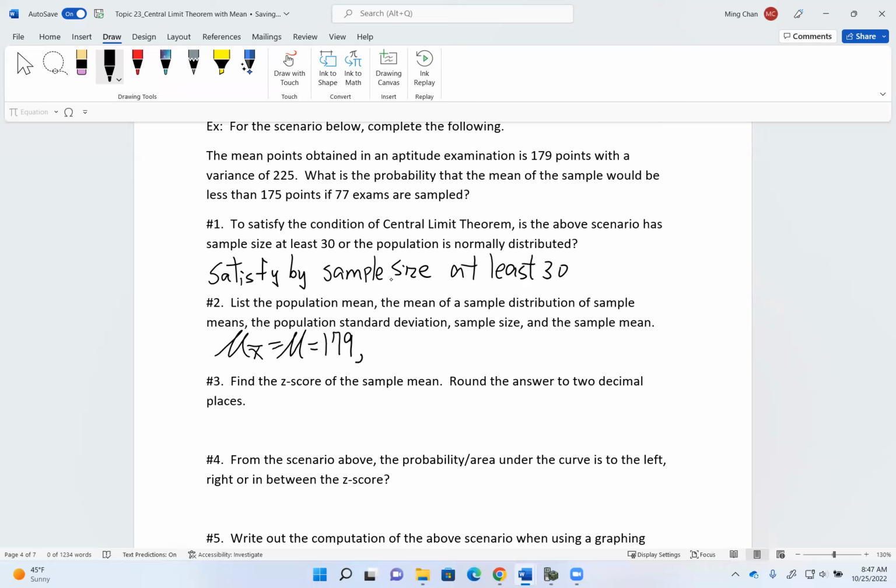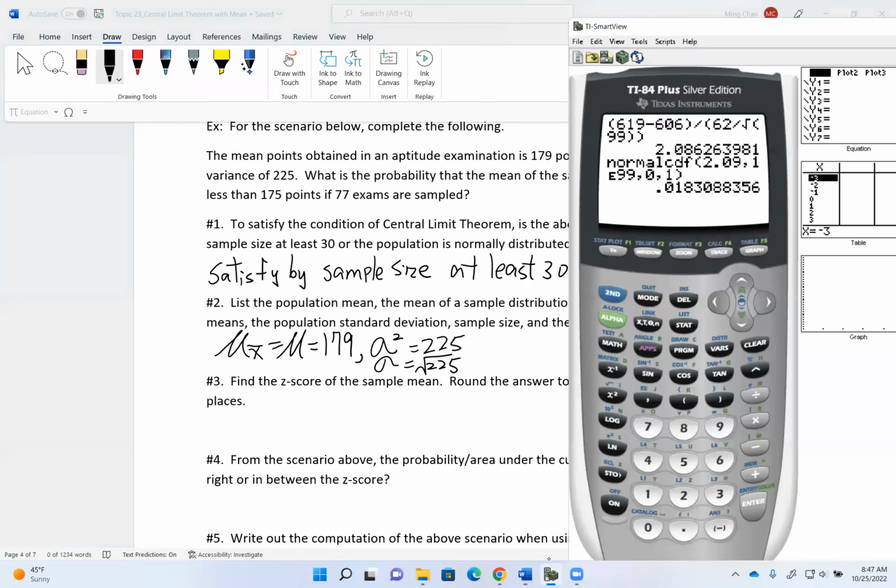All right, so we've covered the first two. The population standard deviation isn't given, it gives me a variance. So variance is 225. That means the standard deviation is the square root of 225, which in this case, I think is 15, right? You know what?